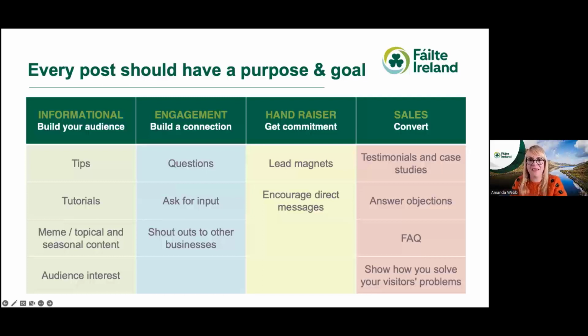They will give you their email address to get that, and they can opt in to your email list as part of that as well. But also, because this is social media, you can encourage direct messaging. So ask people to direct message you if they want something or if they want to know more. And that's a really good way to just take people to the next stage.